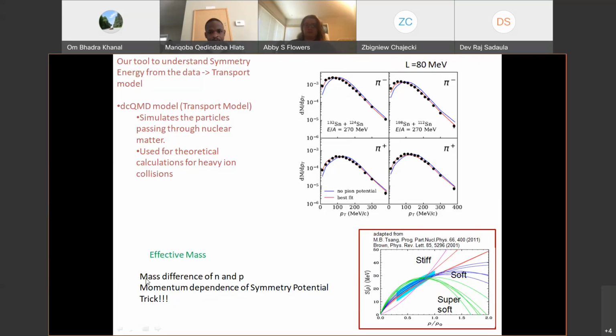By effective mass splitting, I mean the mass difference of neutron and proton. And actually, we need to take the momentum dependence of the symmetry potential for this curve. And the momentum dependence of the symmetry potential is difficult to determine. So we use a trick of using effective mass, because effective mass gives the momentum dependence of the symmetry energy. So here is the trick of using effective mass for these theoretical plots.